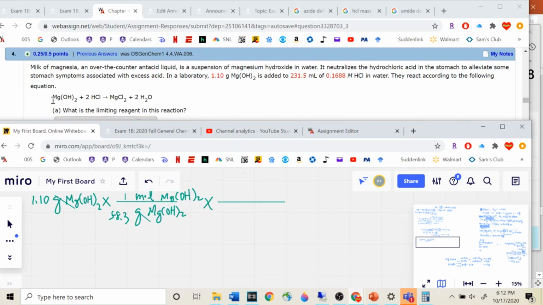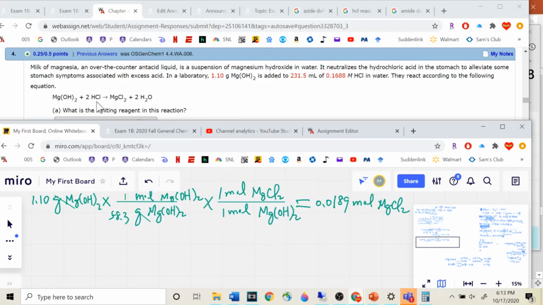We are converting from 1 mole of Mg(OH)2 to 1 mole of MgCl2. And that should give us 0.0189 moles of magnesium chloride. So that's for the first reactant.